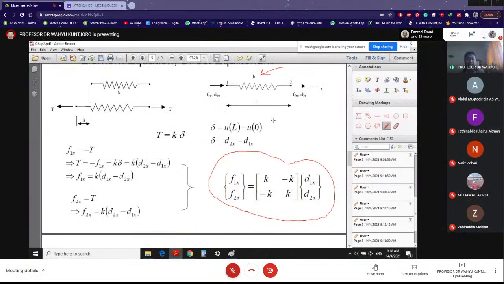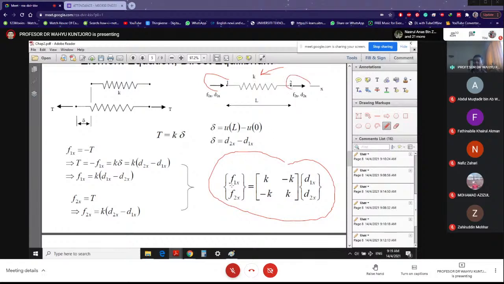So for example, let's say this is equation number one, for element number one, then you want to find out what is the internal force at node number one, internal force at node number two. How to do it? By doing this calculation. K multiplied by D1x minus K multiplied by D2x, that is F1x. F2x is minus K multiplied by D1x plus K multiplied by D2x. So by doing that, you know F1x and you know F2x.